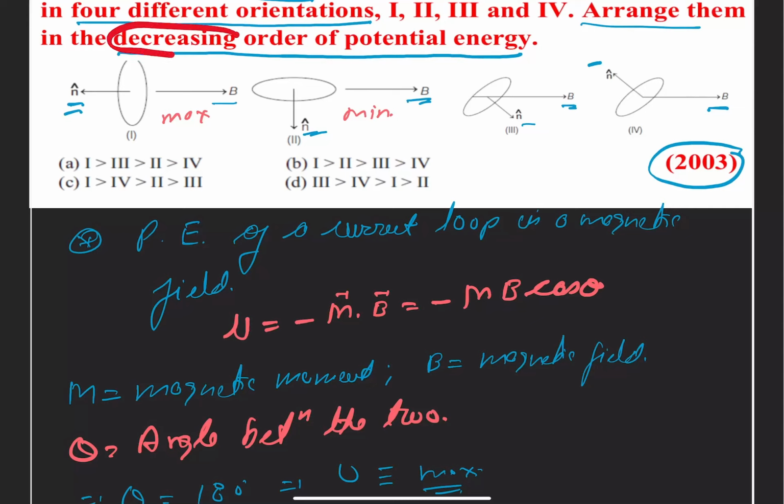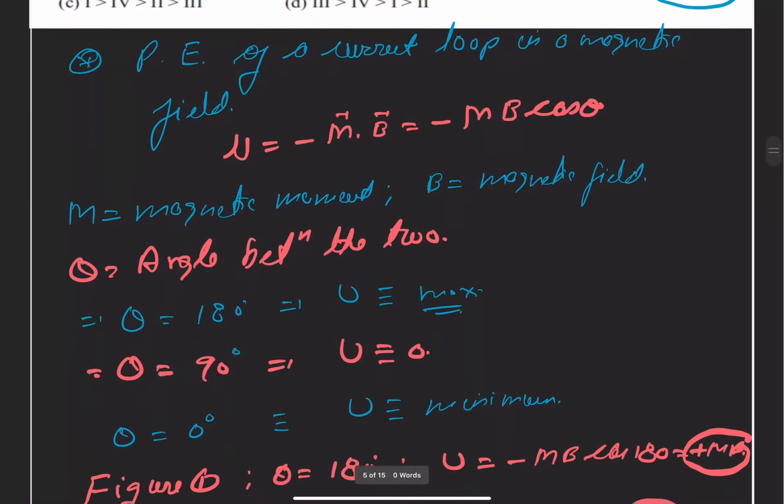because it is in the decreasing order. So maximum is our, one second, I made some mistake here.